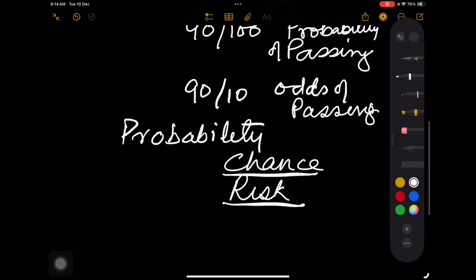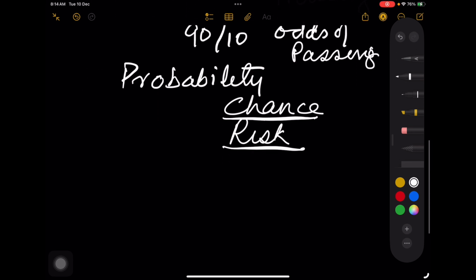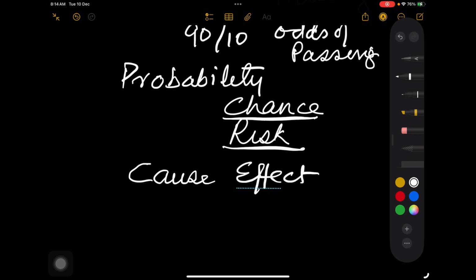So after understanding this, let us start to find out the cause-effect association. Cause-effect. Here, in the event of interest, if the event is adverse or favorable, all the time we are seeking the favorable and avoiding the adverse.